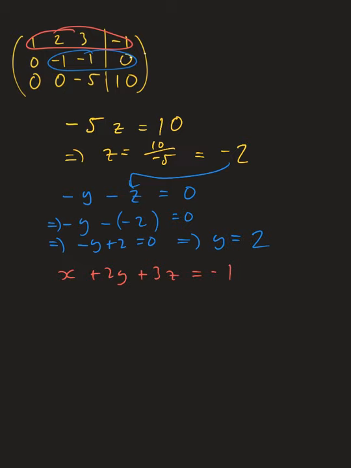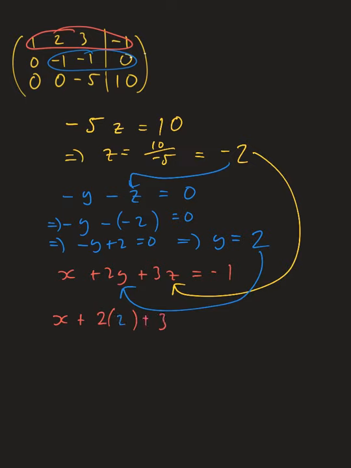So I can take my values, z equal to minus 2, goes in there, and my value for y equals 2, goes in there. So I have x plus 2 times 2 plus 3 times minus 2 is equal to minus 1.